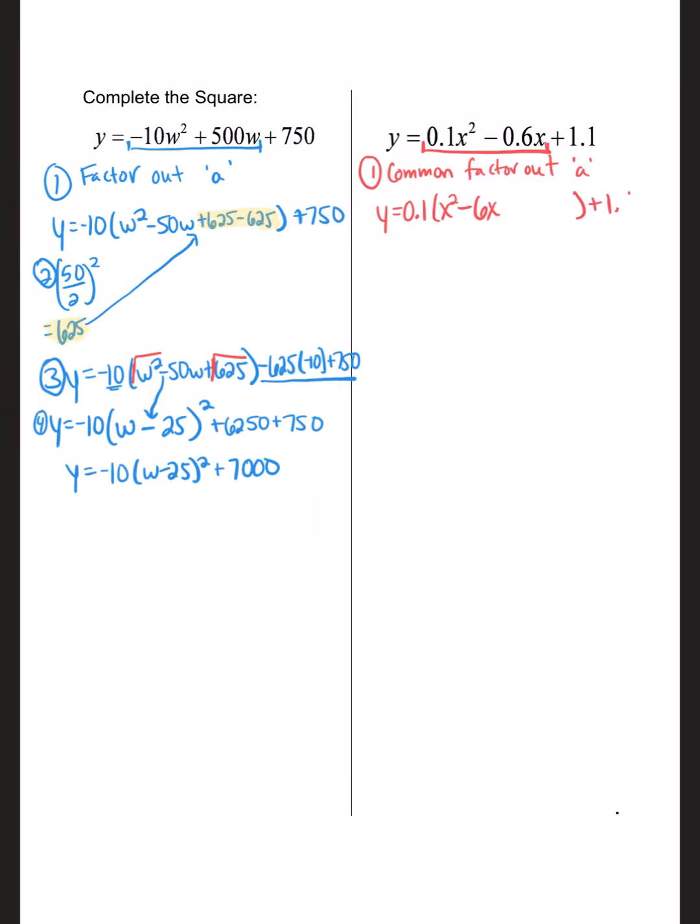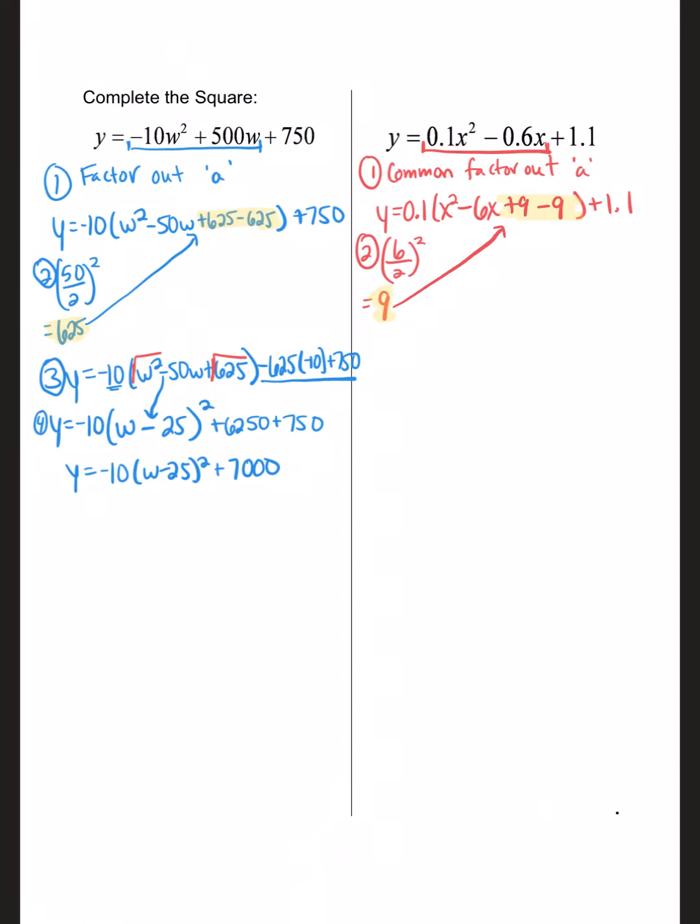Okay, so step 2, I'm going to take my b value, half it, and square it. So half of 6 is 3, and 3 squared is 9. So I'm going to add and subtract it here inside my bracket. So plus 9 minus 9.